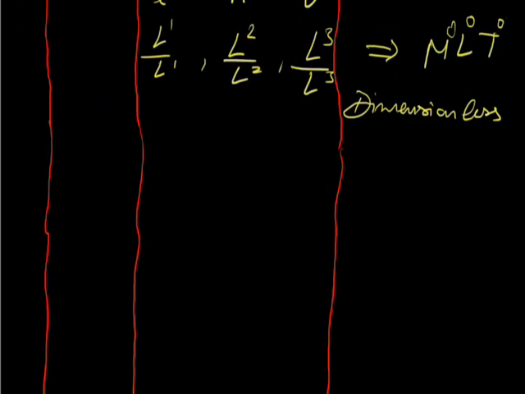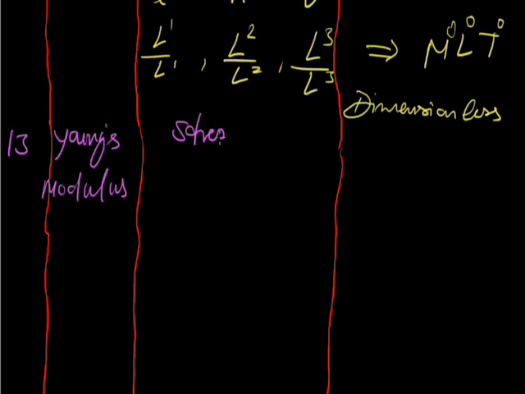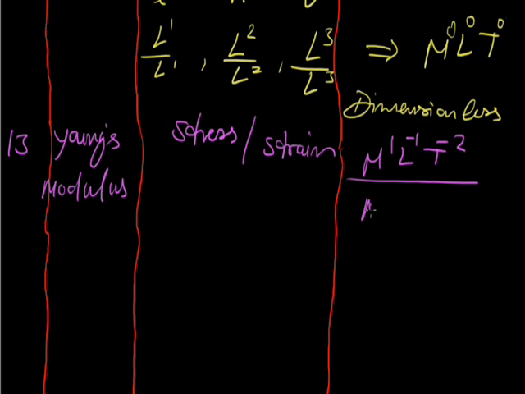Now come to Young's modulus. Young's modulus is stress upon strain. Stress is M1 L minus 1 T minus 2, and strain is M0 L0 T0.